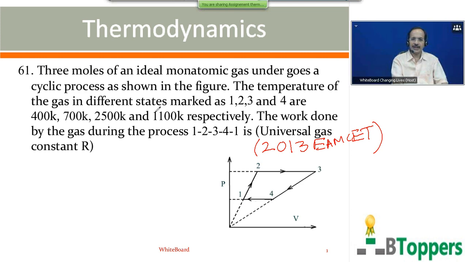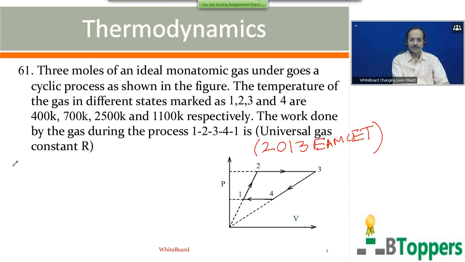The temperatures of the gas in different states marked 1, 2, 3 and 4 are 400 Kelvin, 700 Kelvin, 2500 Kelvin and 1100 Kelvin respectively. The work done by the gas during the processes 1 to 2, 2 to 3, 3 to 4, 4 to 1 is, with universal gas constant equal to R.